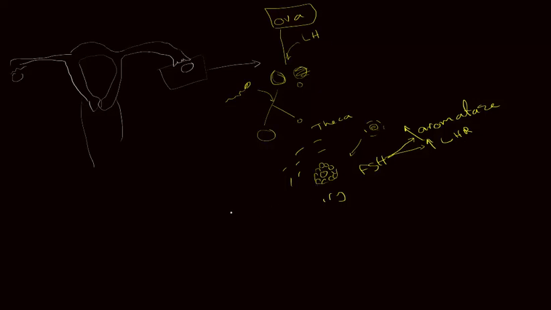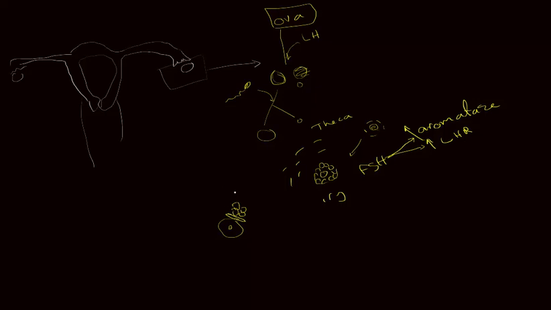Then these cells will grow even more and form multiple layers, and then we will have a clear zone here. We call that the zona pellucida. That will be very important for the fertilization later on, and the egg just keeps getting bigger and bigger, accumulating cholesterol and proteins inside.